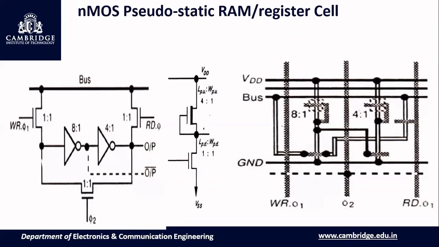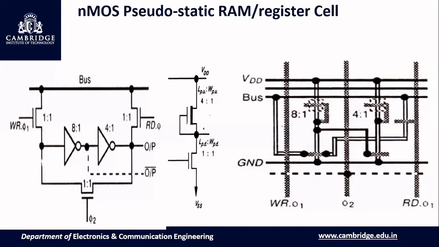In this slide, you can see the circuit diagram for the NMOS pseudostatic RAM cell and the stick diagram for the NMOS pseudostatic RAM cell. Do you have an idea how to draw the stick diagram?